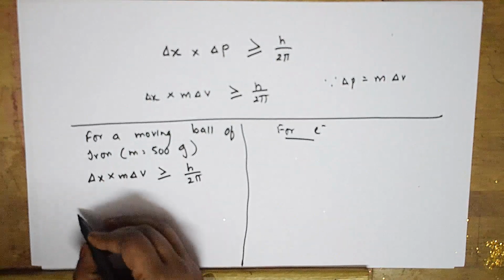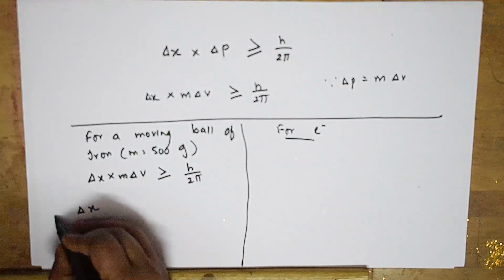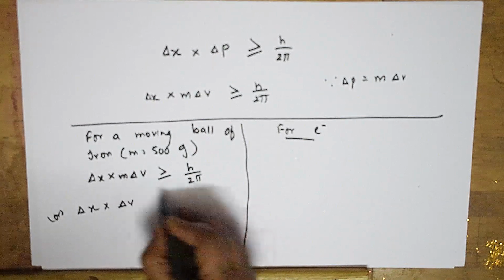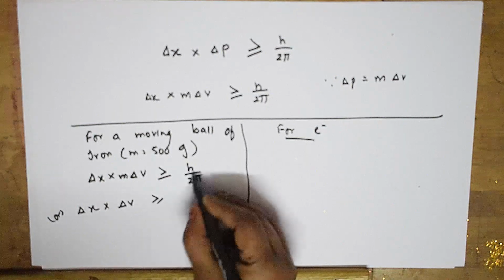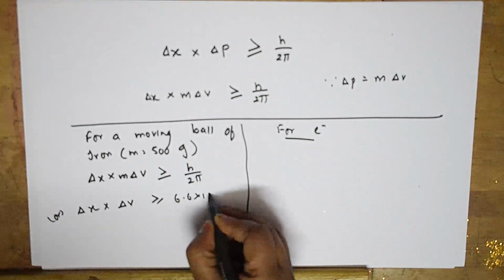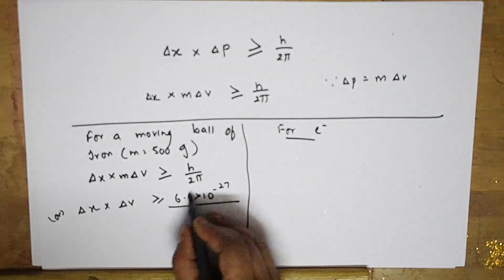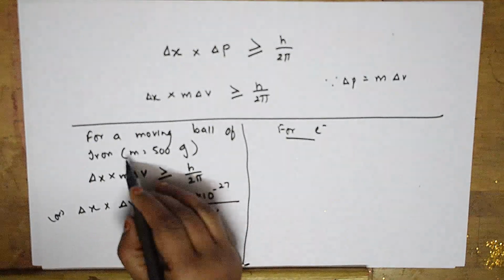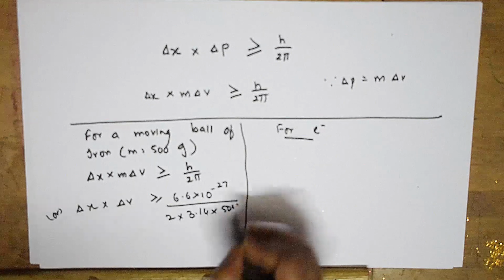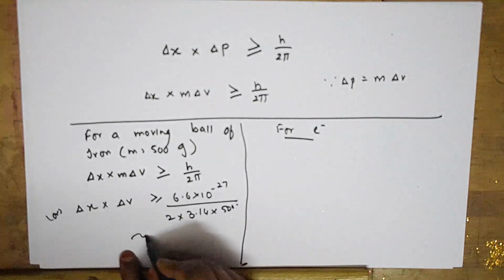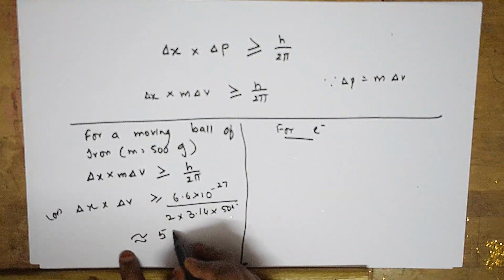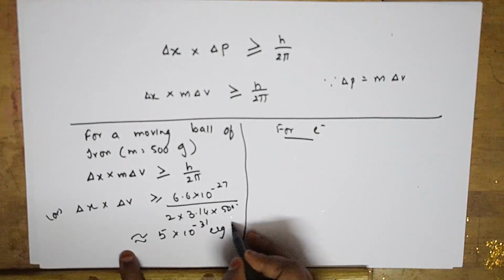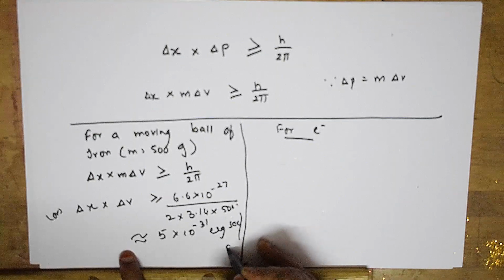Now delta x into delta v, taking this mass here, is greater than or equal to h, how much? 6.6 into 10 to the power of minus 27, Planck's constant, divided by 2 into pi, which is 3.14, into the weight, 500 grams. This is approximately 5 into 10 to the power of minus 31 ergs second per gram.